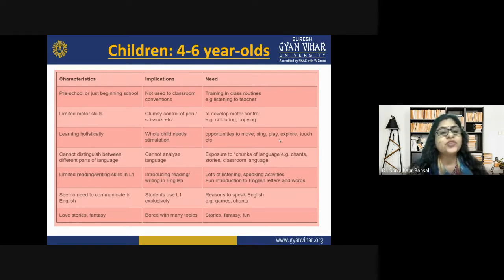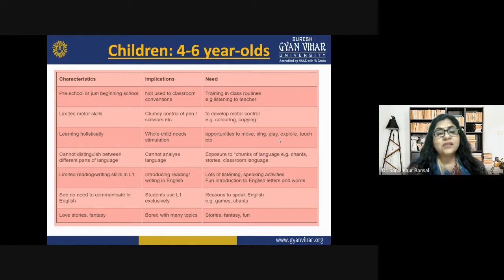Every child needs stimulation, students, and learning holistically means the opportunity to move, sing, play, explore, touch, etc. If the child is learning well in class and is well informed about the conventions of the classroom, then the child must be given lots of opportunity to move, sing wherever required, play, explore, and touch. This makes the child more comfortable with the learning process, and concepts become very clear if the child is more active in this process.